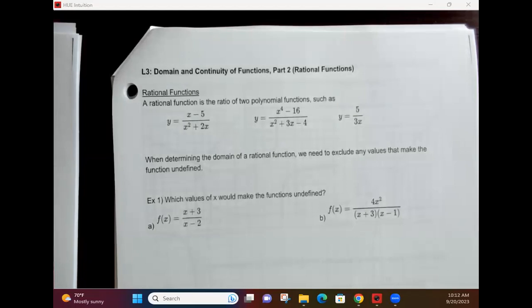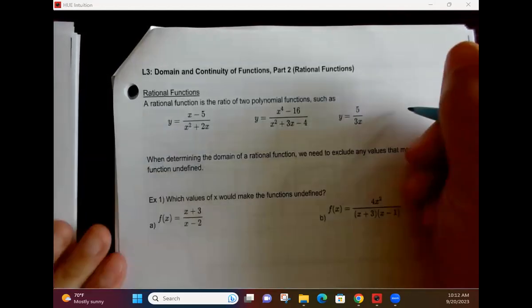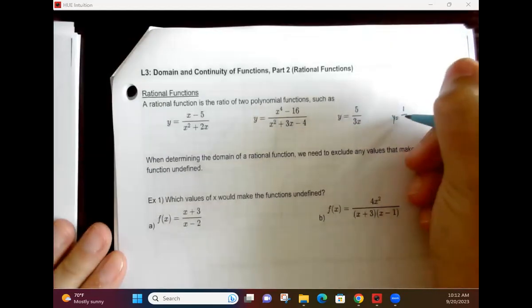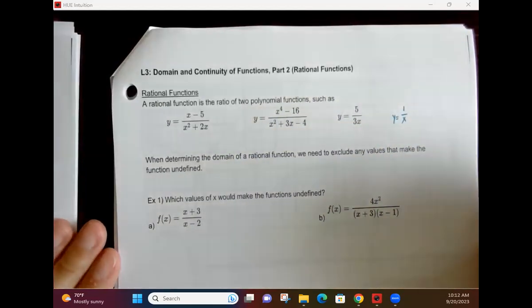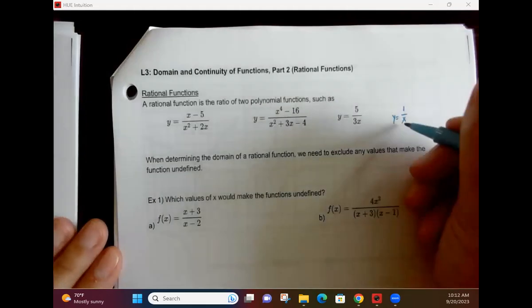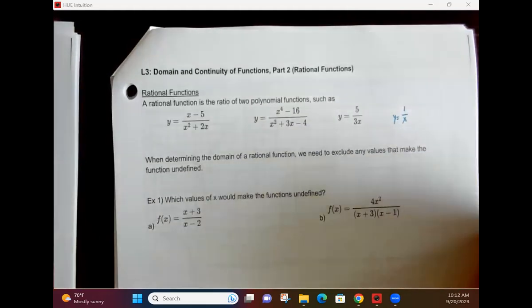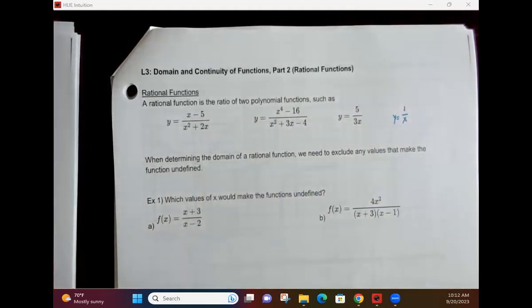They look like these: x minus 5 over x squared plus 2x, or x to the fourth minus 16 over x squared plus 3x minus 4, or even just 5 over 3x. Probably the simplest rational function, the parent rational function, would be just 1 over x. The idea is I've got some variables in the bottom of a fraction. So these are rational functions.